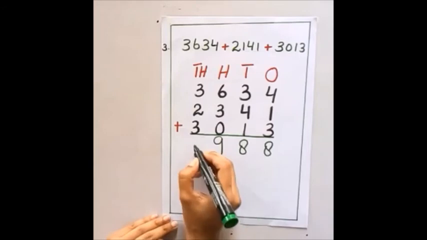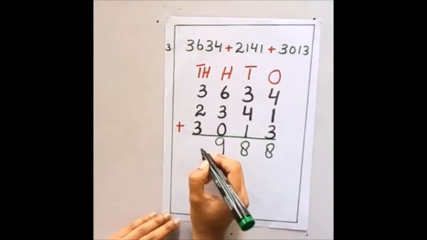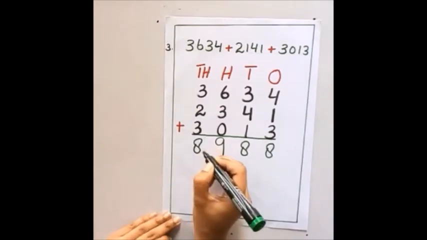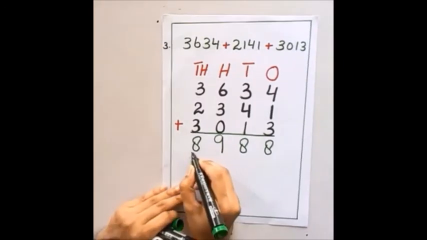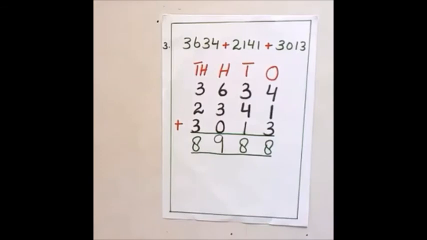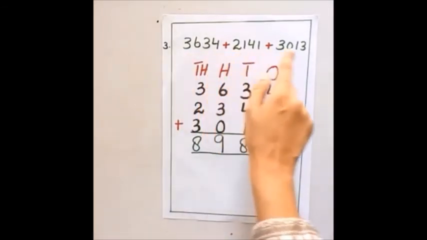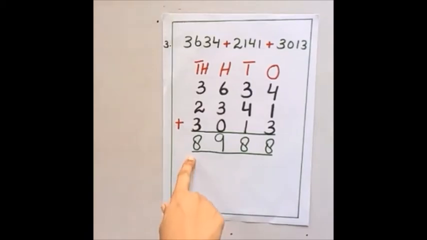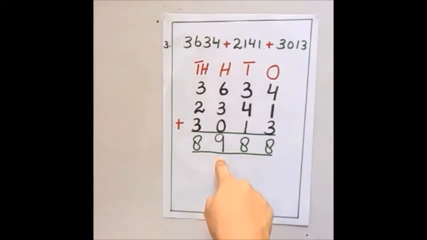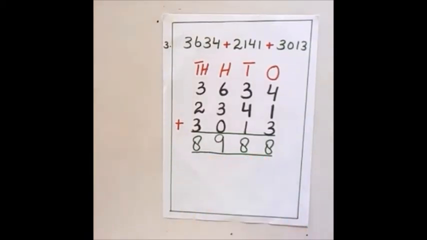So I will write 8 under the 1000. So the sum of these three numbers is 8988.